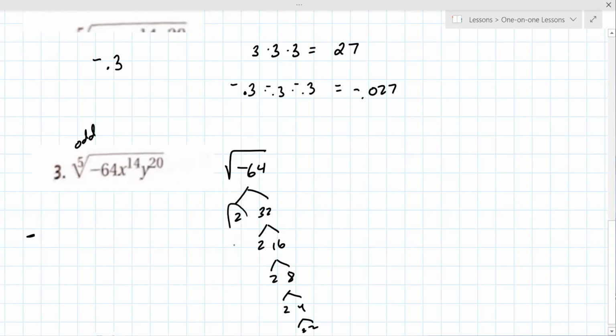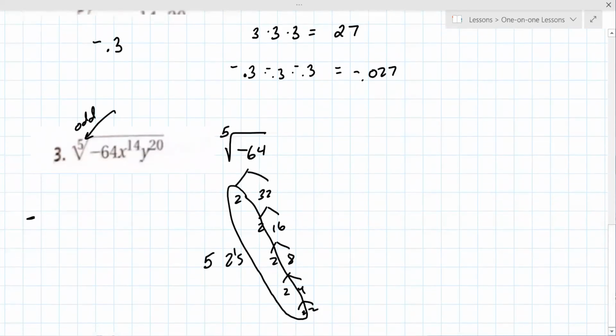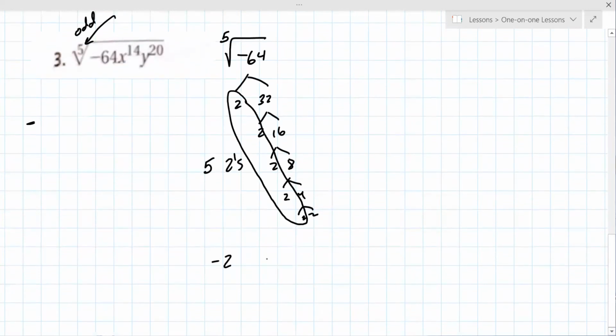So you're looking for 5 numbers to be able to pull one out because there's a 5 there. So there's 5 2s, which means that you can pull one out. That's where the negative comes from. Negative 2, fifth root of whatever's left over, and there's one more 2 left over.